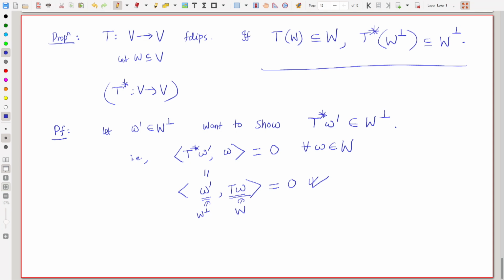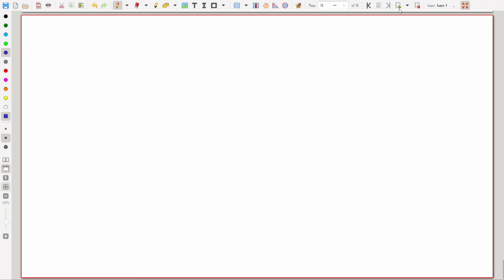Okay, so let us look at a very beautiful corollary of this simple statement that we just made. So, here is a theorem.